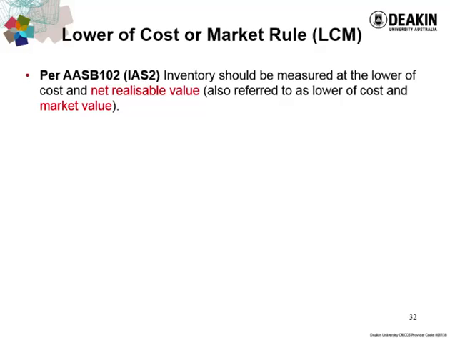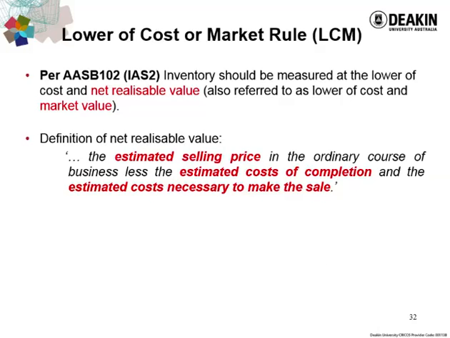And net realizable value is also called net market value, and it is the estimated market selling price minus estimated direct selling or completion costs. Therefore, this rule requires subjective estimates and professional judgment, because the selling price and the cost of sale or the cost of completion are estimated costs.